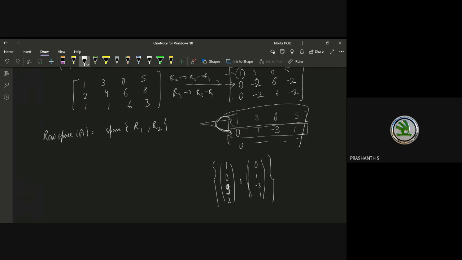So they are multiples. Yes, it's giving it. That shows whatever basis we found is a linear combination of this basis.